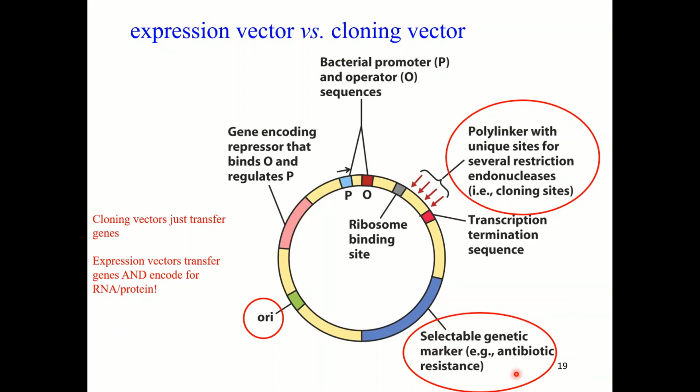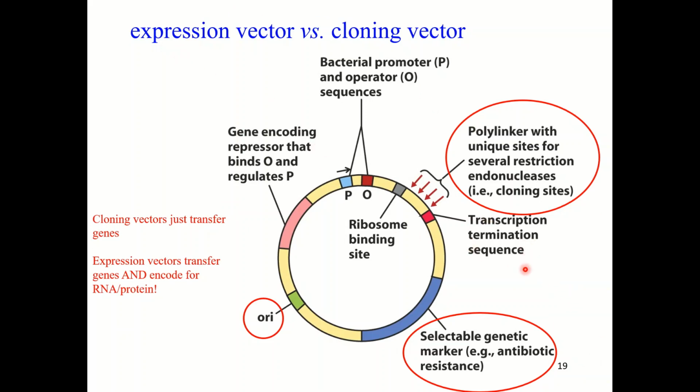So if we're talking about bacteria cells, an antibiotic marker, this would be a gene that encodes for a protein that gives this bacteria antibiotic resistance to a certain antibiotic. Okay, and an origin of replication, and that's critical for the plasmid to be able to be duplicated when the cells divide. So those are in all vectors.